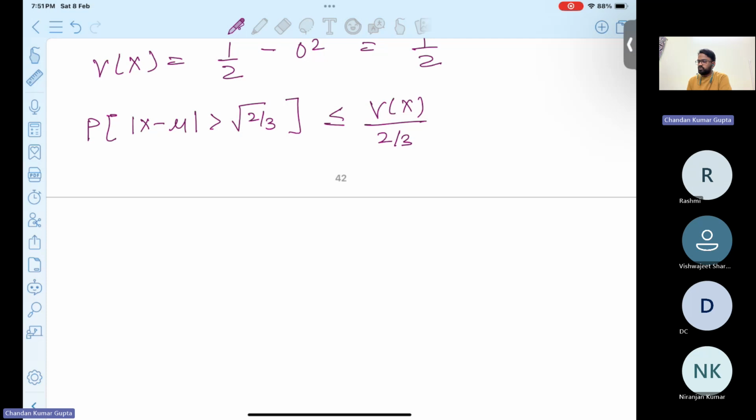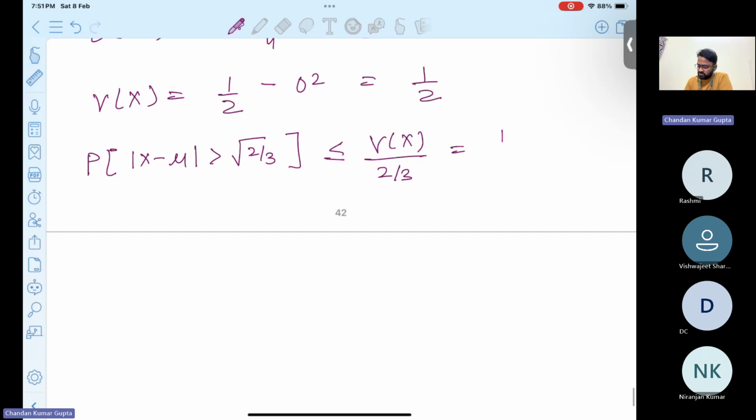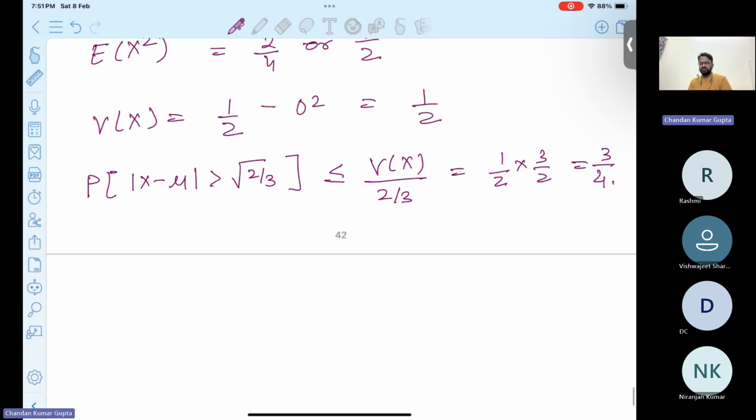Okay, so from here we will find the variance of x is 1 by 2 into 3 by 2, which comes out to be 3 by 4. Putting the values in the formula after putting the variance and expected value, we find the probability is 3 by 4.